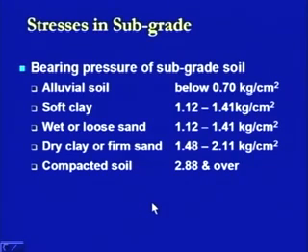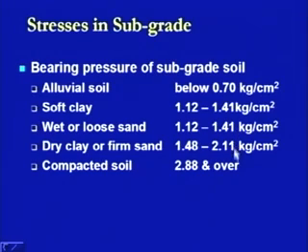Now, coming to the stresses in subgrade. In the case of stresses in subgrade, the bearing pressures of different types of the soil or the material have been given here. In the case of alluvial soil, it is below 0.7 kg per centimeter square. For soft clay, it is 1.12 to 1.41. It is the same for wet or loose sand.